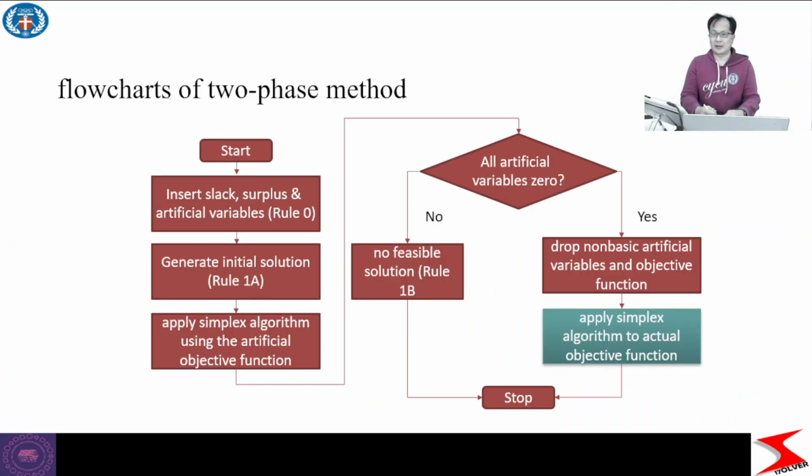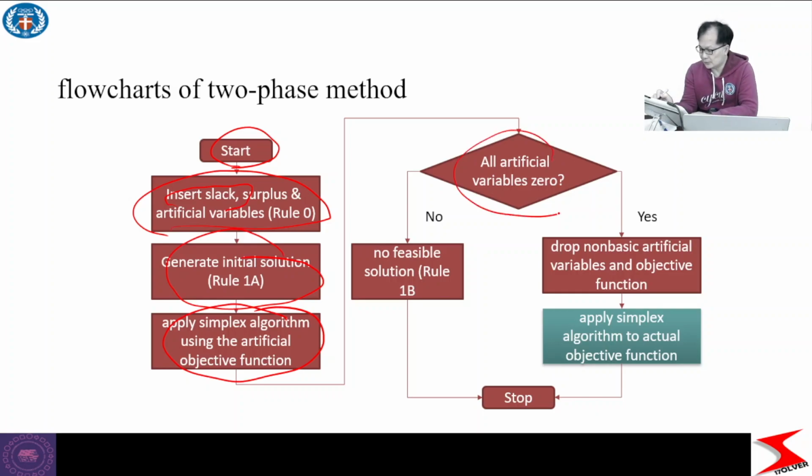So we summarize all of these steps, including the simplex algorithm. Then we will find the flowchart is as this. Okay, so we start to insert slack, surplus, artificial variables, then generate the initial solution and apply the simplex algorithm for the artificial objective function.